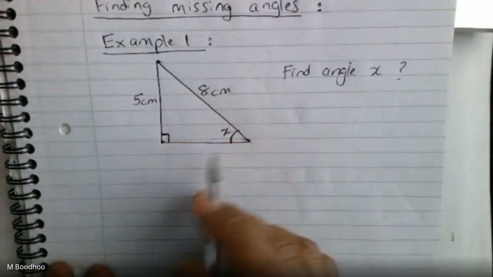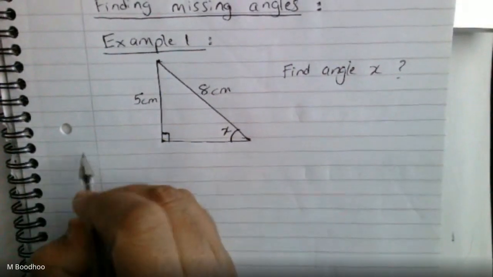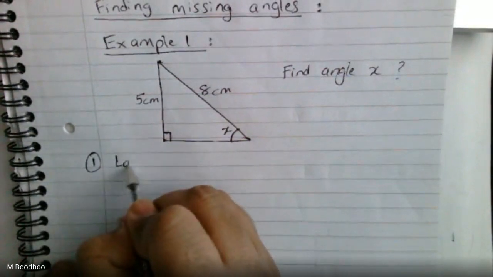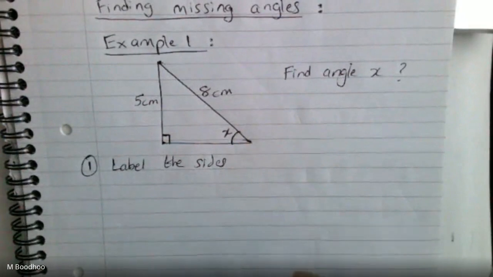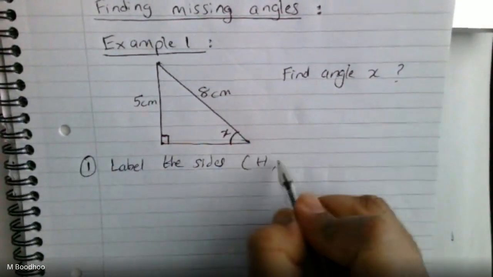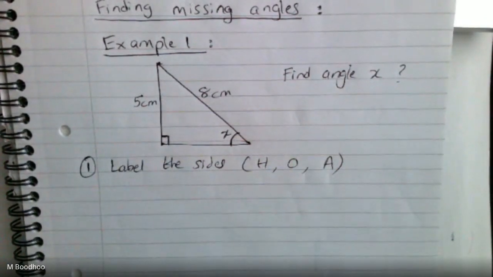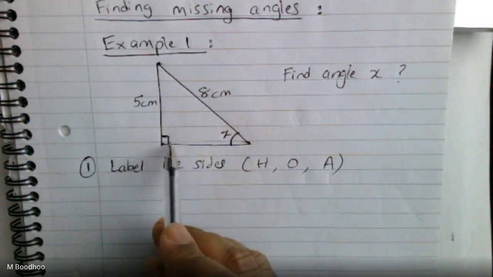So we've got to find angle X. The first thing you're going to do, I'm going to write down step 1 here, is to label the sides. We're going to label the sides, of course, in terms of H, O, and A. H first, O next, and then A. The side which is opposite the right angle is just here.